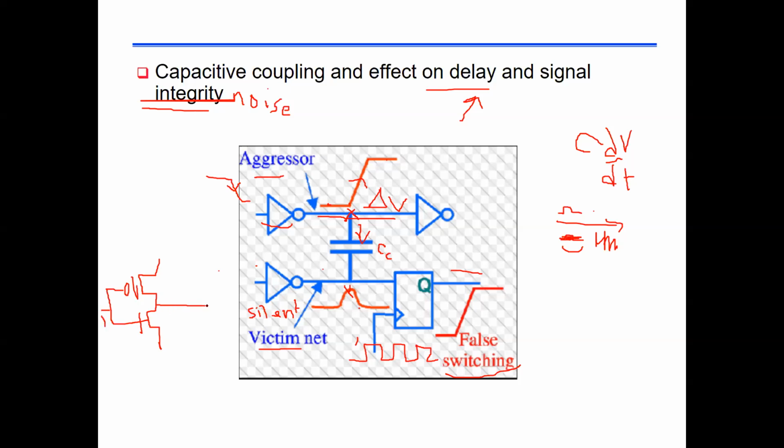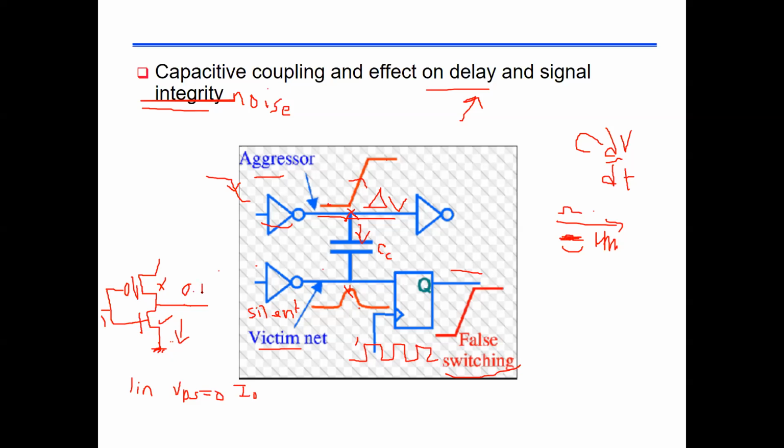So the output here should ideally be 0. This is off, and this is on, okay? And the VDS for this inverter is 0. So this inverter is on, but it has a very small VDS, it is in the linear region. Well, if VDS is 0, if we put it in the linear equation, we get that the current I through this transistor is 0.